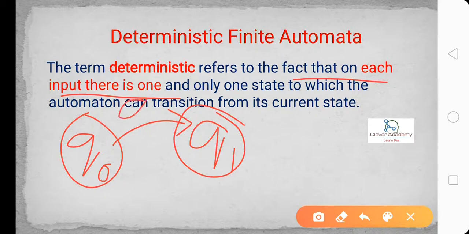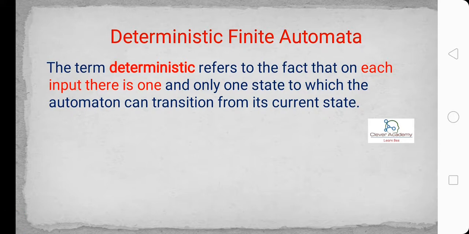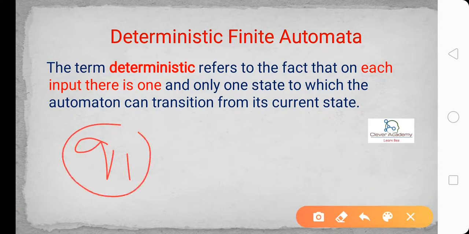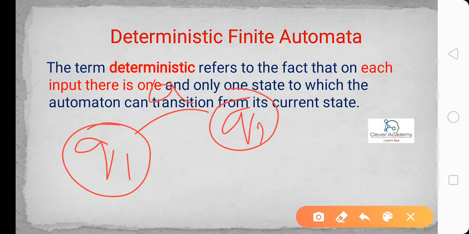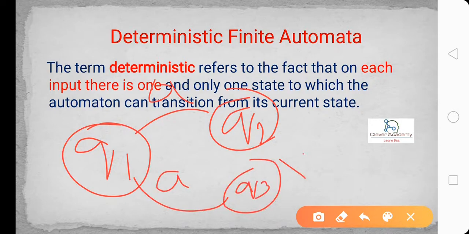So q0 on A can go to only one state, and q0 on B can go to only one state. You cannot represent q1 on A going to q2 as well as q1 on A going to q3. This is called a deterministic finite automaton.